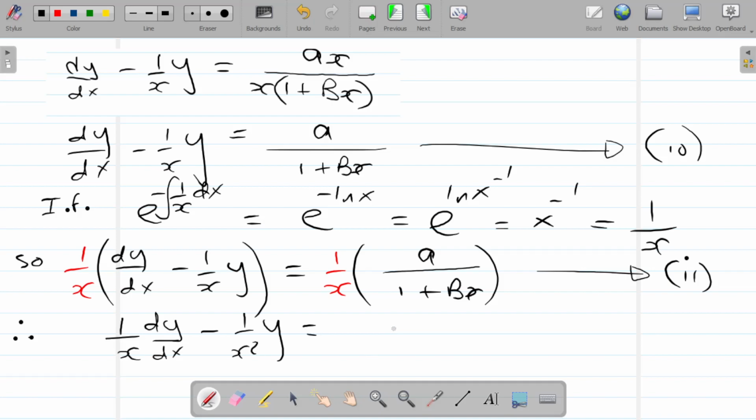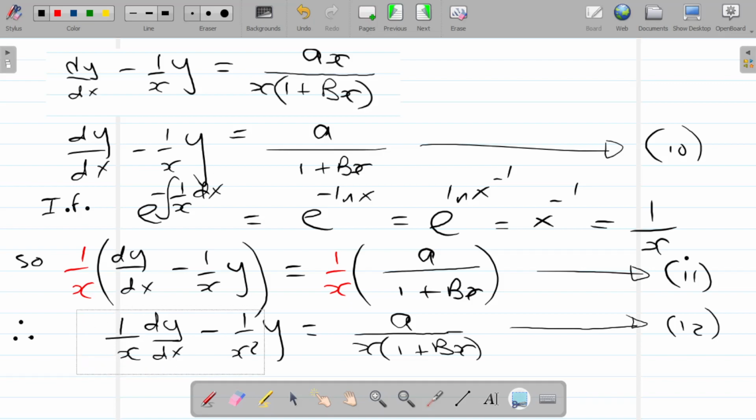And likewise here, we've got a all divided by x times 1 plus bx. And we'll call that equation 12.